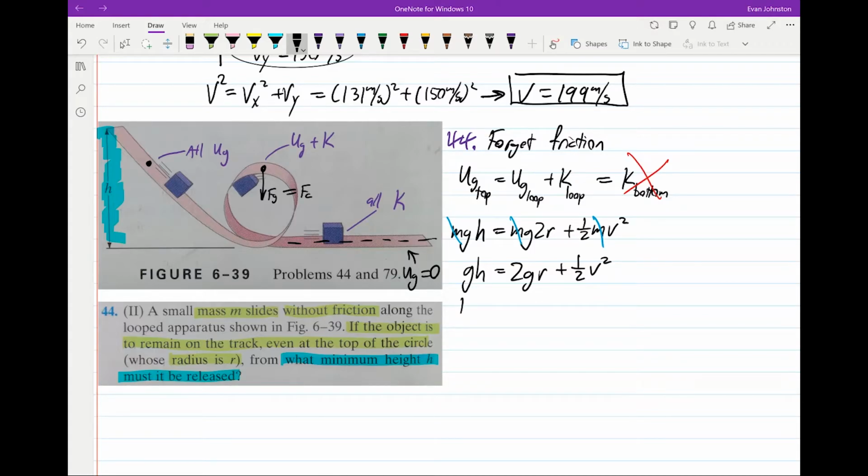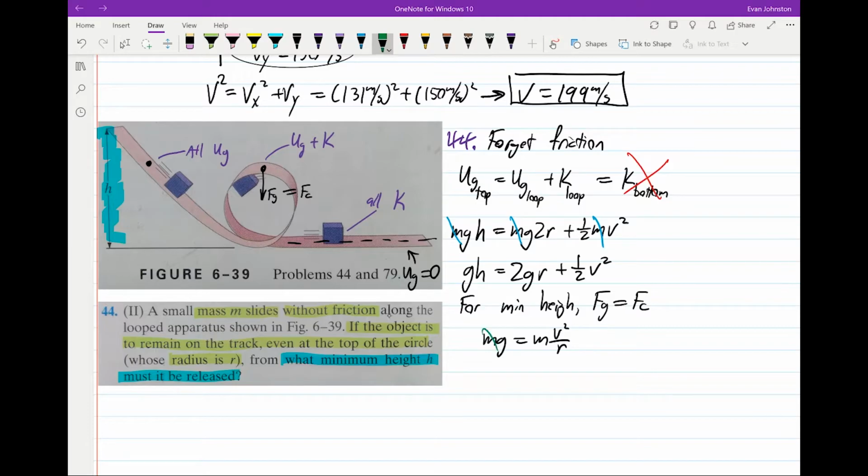So for the minimum height, we know that gravity is the centripetal force. So that means I can write out mg is equal to mv squared over r. This is force gravity, and this is our centripetal force. This is from last unit.